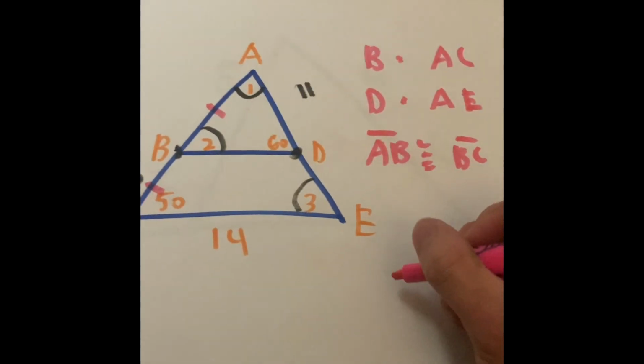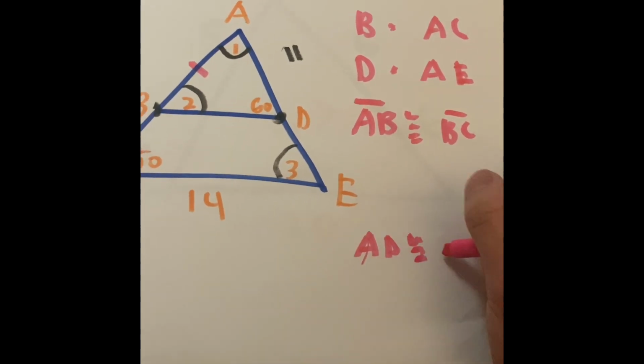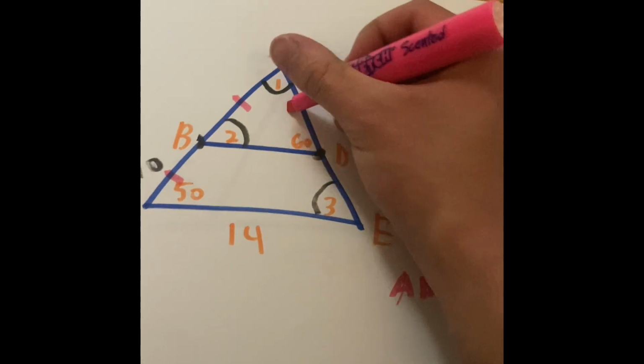Also, we can say that AD is going to be congruent to DE. Same idea.